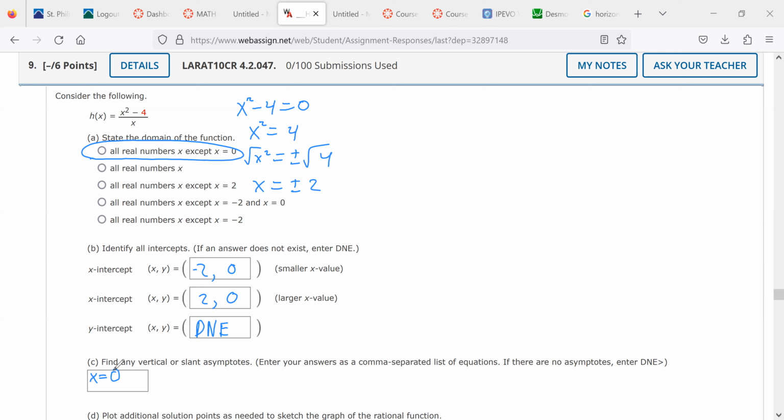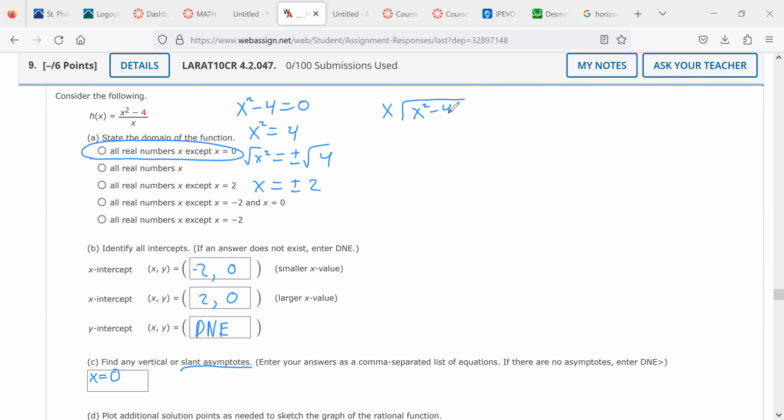Now to find the slant, we have to do long division. Oh, oops, I forgot.